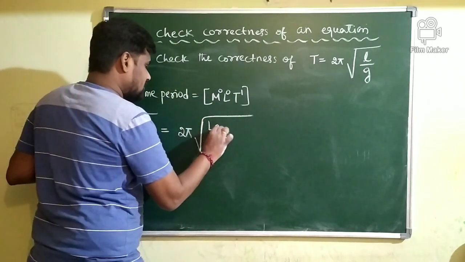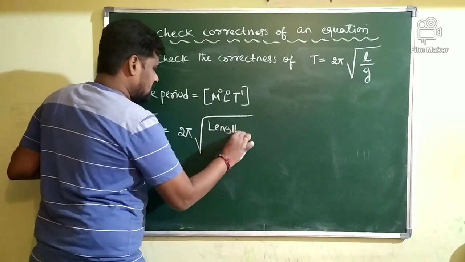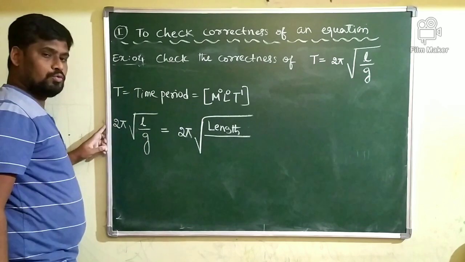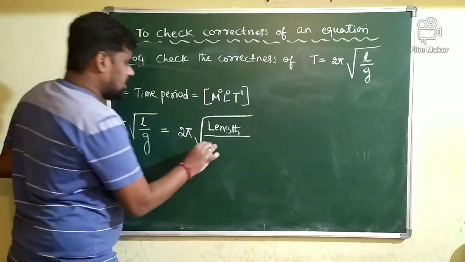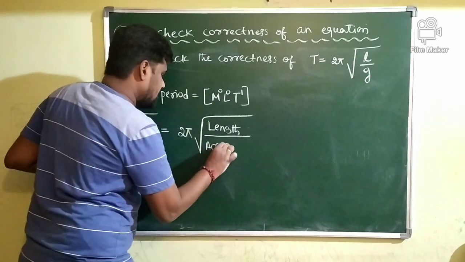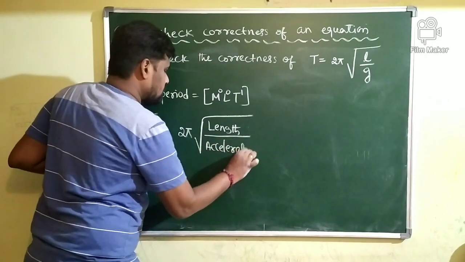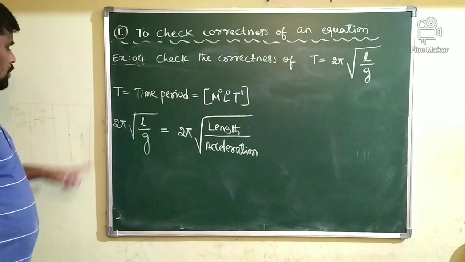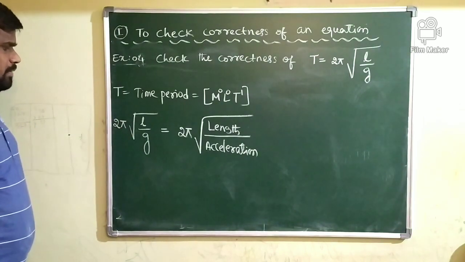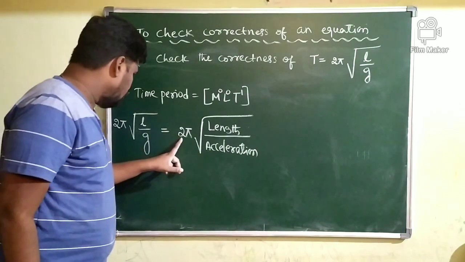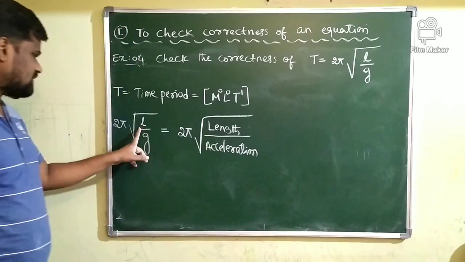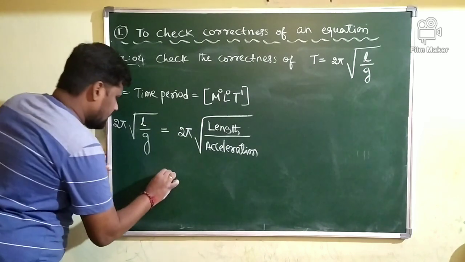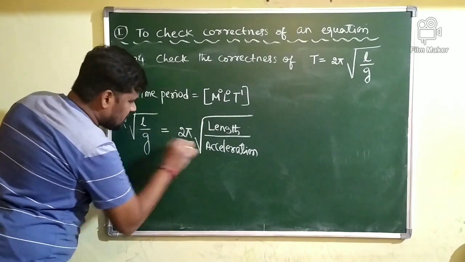L is length, divided by g, acceleration due to gravity, or simply I will call this acceleration, because it has the dimensions of acceleration. So 2π square root of L by g, where L stands for length and g stands for acceleration.